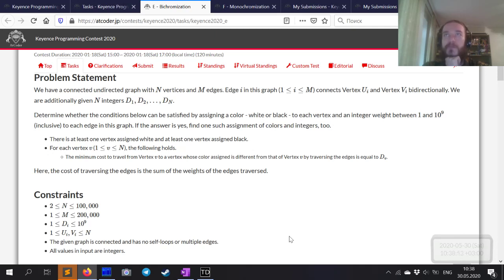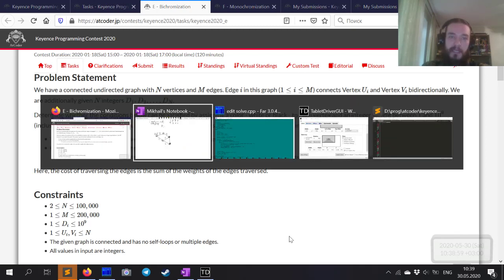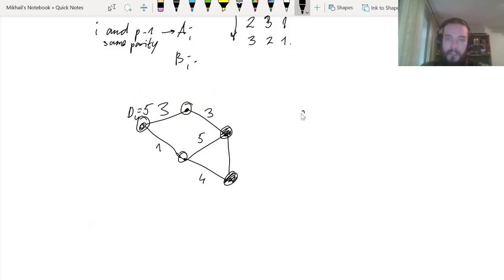We make only one vertex black. Then if for example vertex 1 is black and everything else is white, let's consider this case. Okay, so this is G_1. Then the numbers here are just distances towards the first vertex.